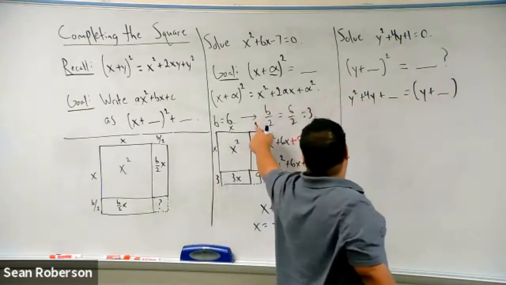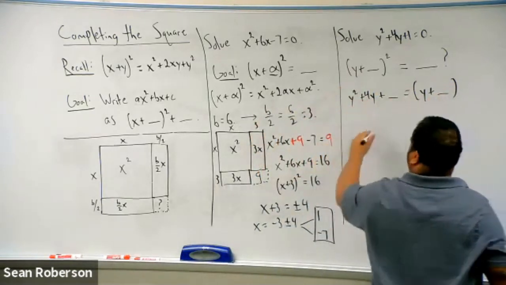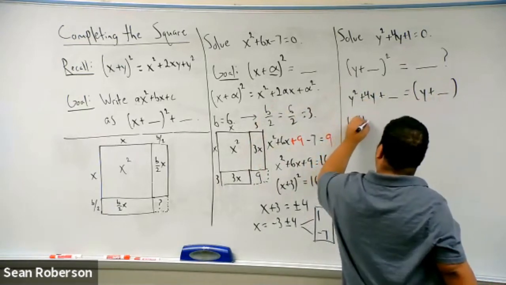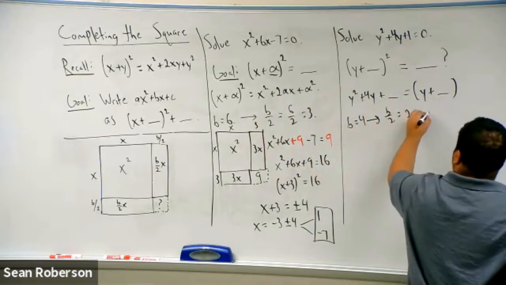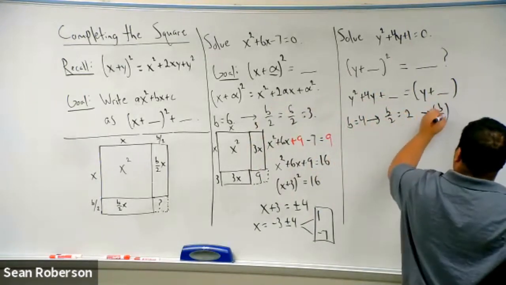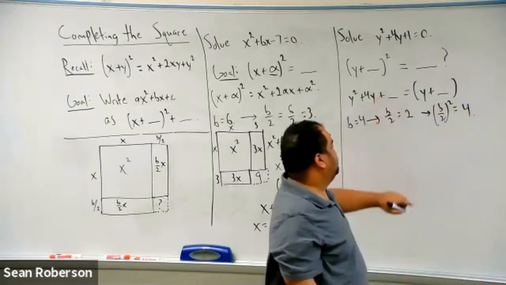Well, if I do the same thing here, I'll look at the linear term, that's 4. Take half of that, which is 2, and square it. And it turns out that it's 4. So now we can fill in our blanks here.